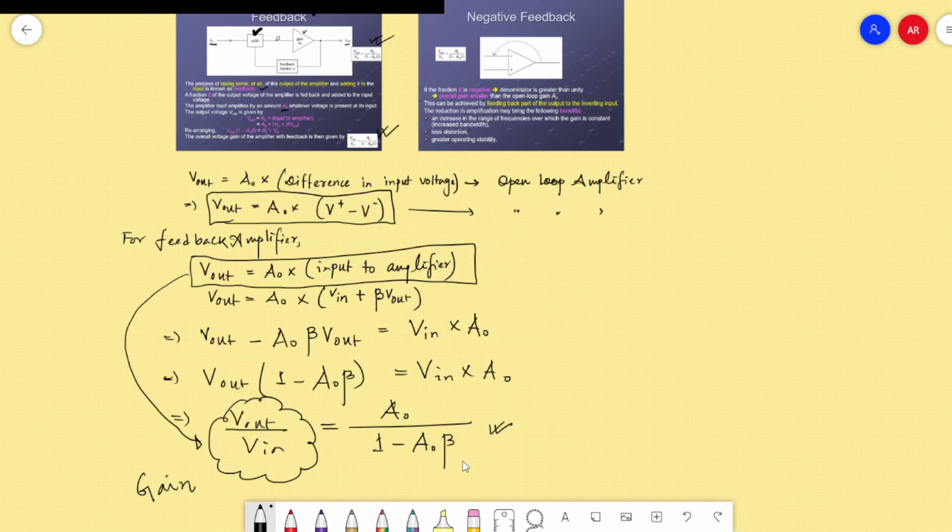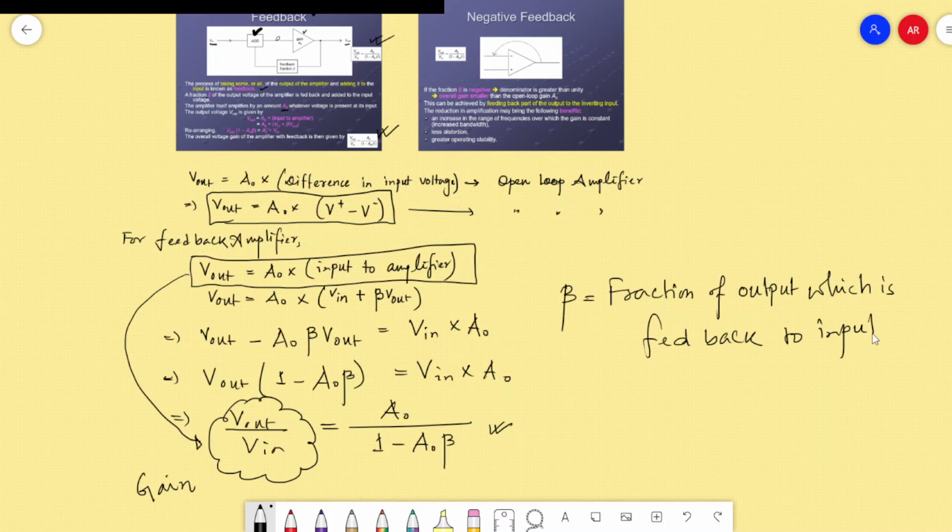Beta is the fraction of the output that is fed back to the input.